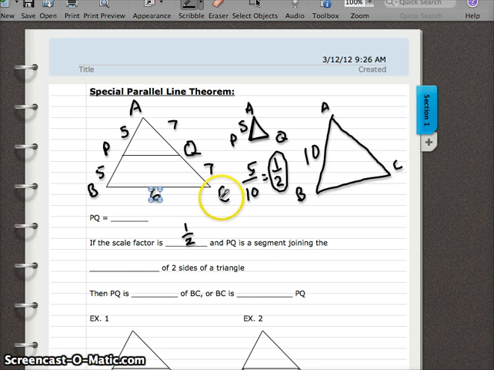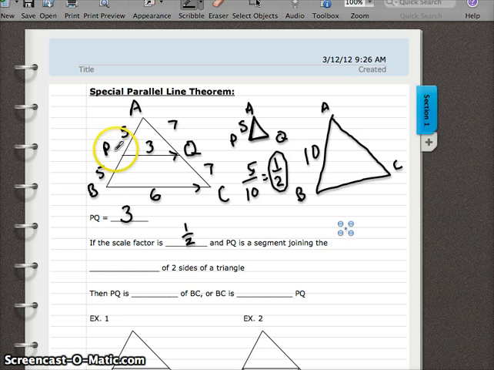Since we know the scale factor is 1/2, and if this segment PQ is parallel with the bottom segment BC, then PQ is always going to be half of what BC is. So PQ would be 3, right? PQ is 3.